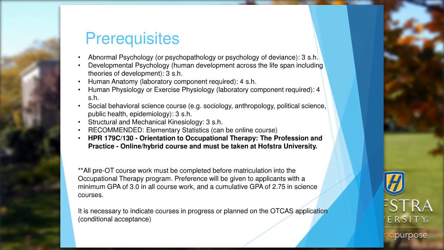If the course focuses on movement related to human action, it may not have the same name as structural and mechanical kinesiology. It may be kinesiology, or in some cases biomechanics, but the focus should be on human movement. There is also a prerequisite OT course that is required, an online hybrid course, and it must be taken at Hofstra University.